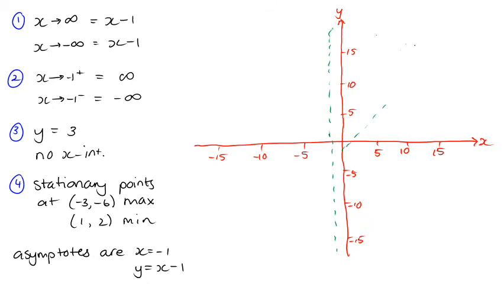So it goes roughly through here. Yep. So those are our two asymptotes. So the lines should neither touch nor cross those two asymptotes. This is y equals x minus 1, and this is x equals -1.